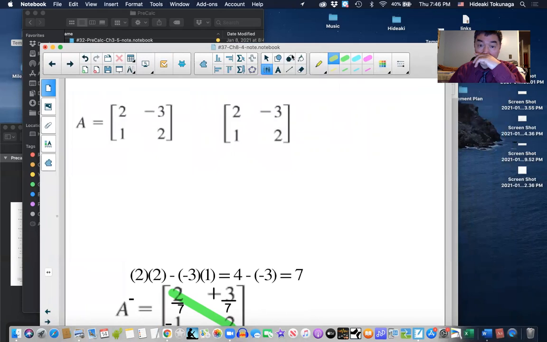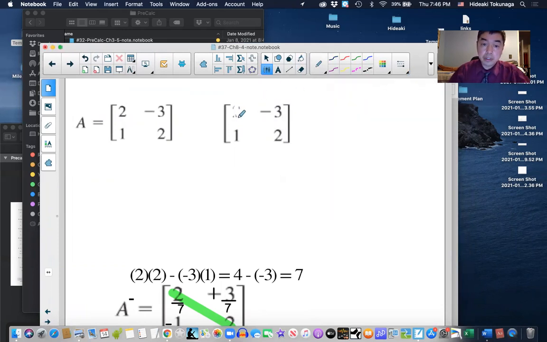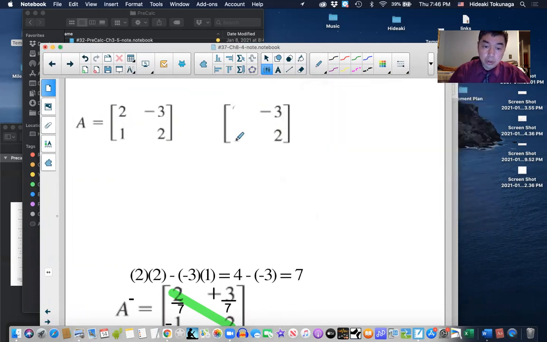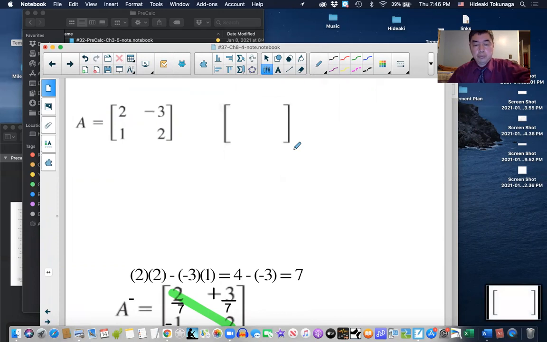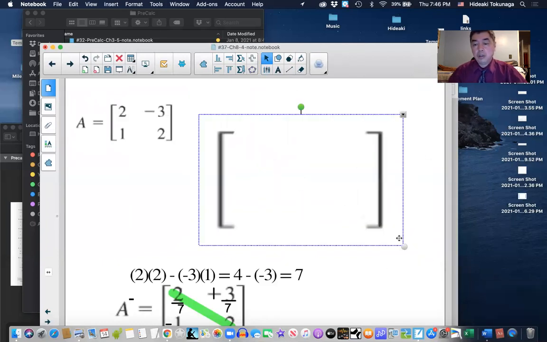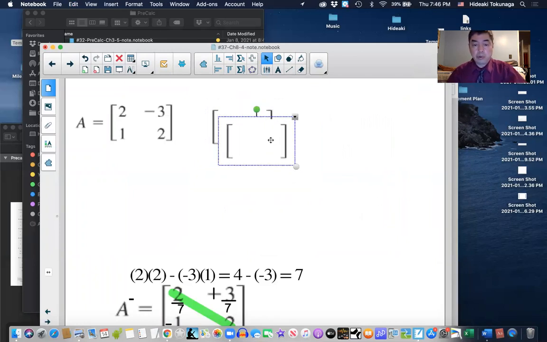This is going to be with the white pen. Let's erase this. Okay, now there's a blank one. I make 2 blank ones. And I can erase this. Just make more and more.